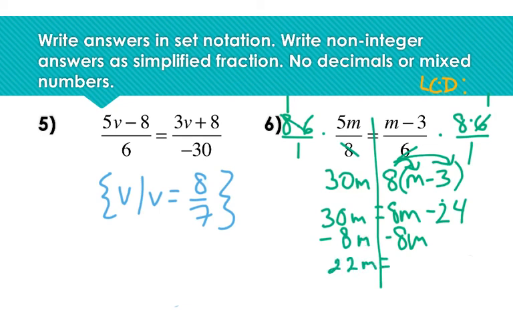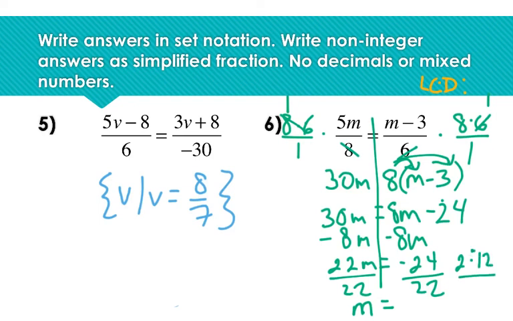So now we're going to subtract 8m's from both sides of our equation, and we get 22m's equals negative 24. And divide by 22 to get m by itself. And we find that m is equal to, oh, this is another one we're going to have to factor out here. So let's look at it. We got 2 times 12, so negative 12.